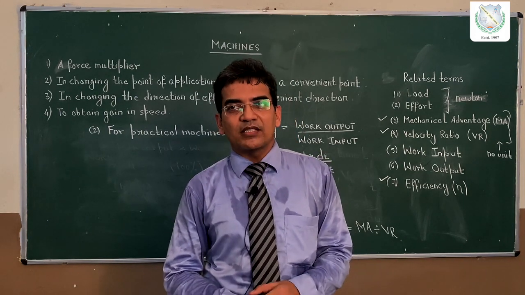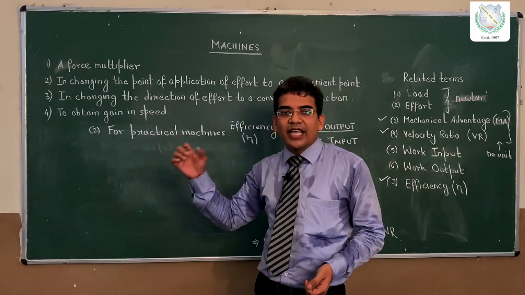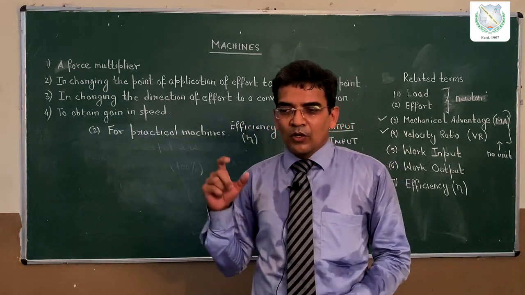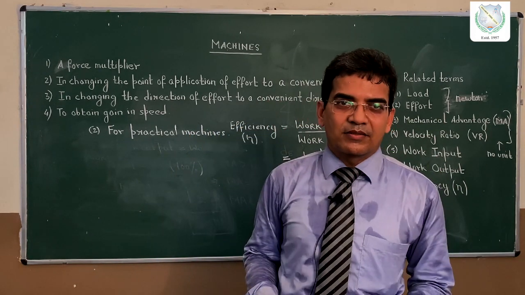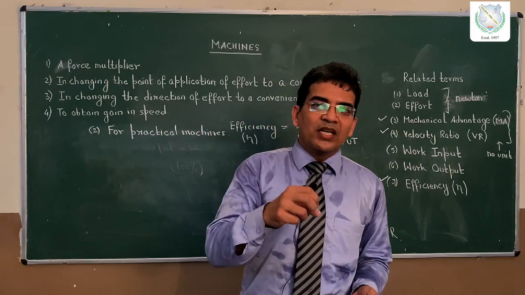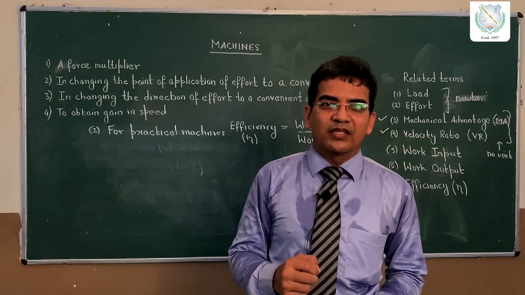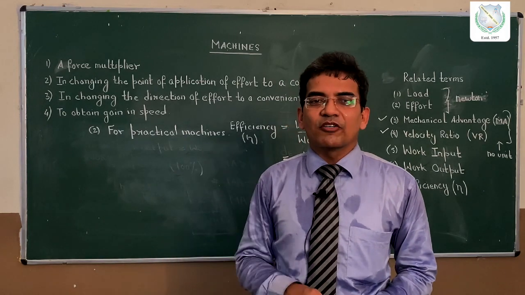Such machines are known as practical machines. In practical machines, whatever your input, the output will always be less. And why is output less? Because whatever we input, some part of that work is used against moving the frictional parts of the machine.